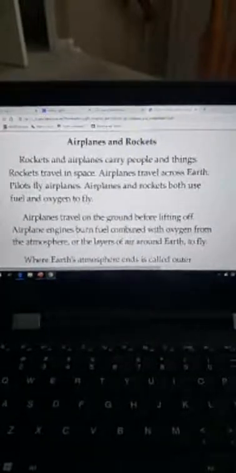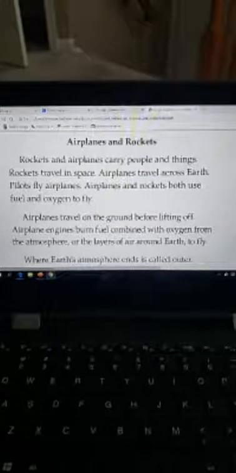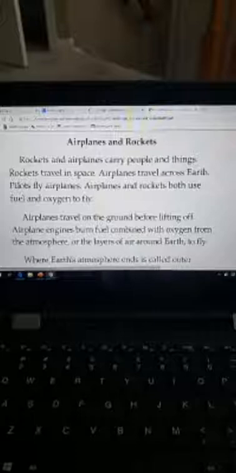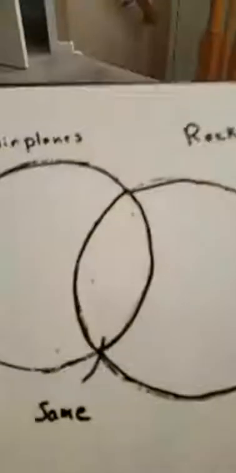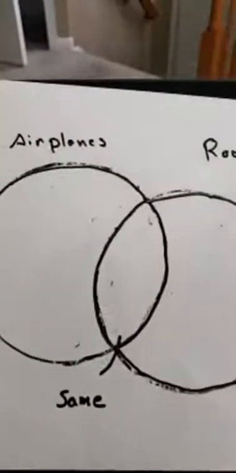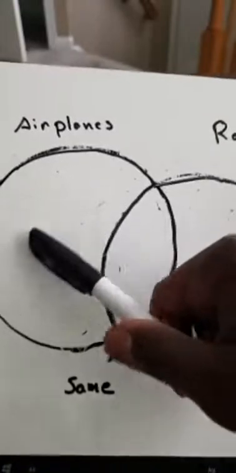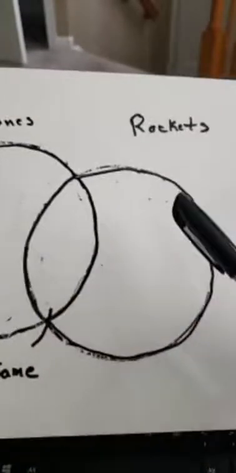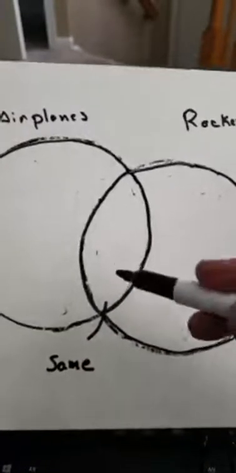So on my Venn diagram, I'm going to write airplanes and rockets on either side of the double bubble, because this side is going to show how airplanes are different from rockets, and the middle part shows how they're the same.